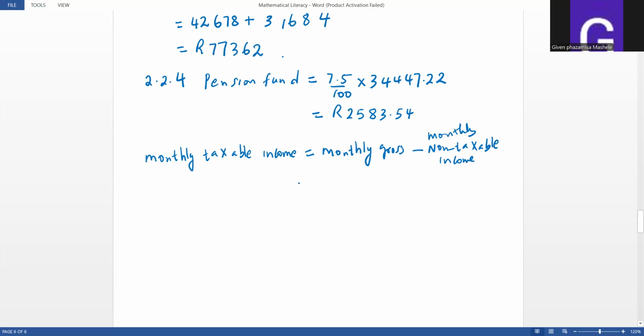What is the gross? The gross is 34,447.22 minus 2,583 rand 54 cents. So what will be the monthly taxable income?